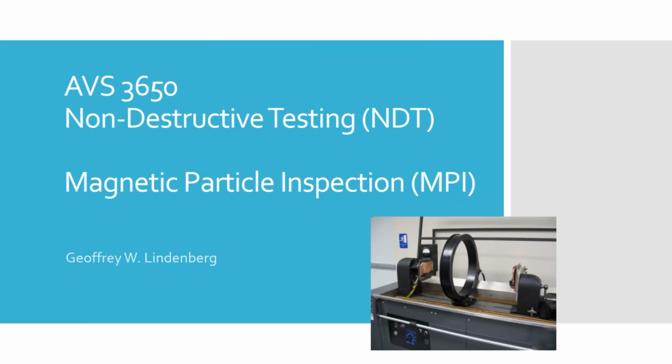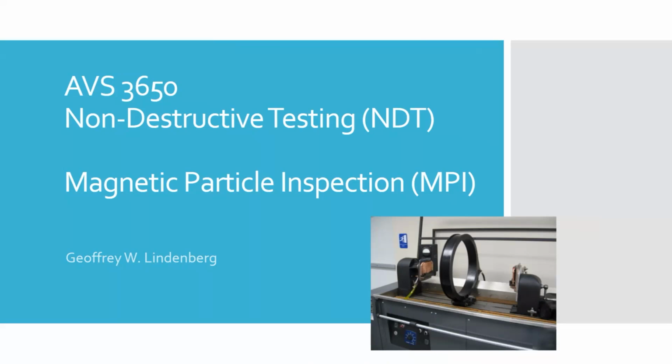is probably one of the most common methods used for small to medium-sized parts and for ferromagnetic parts. This one you have to have parts that are ferromagnetic. Anyone know what that means? What's ferromagnetic? Contains iron, right? So iron containing, which means they can be magnetized.